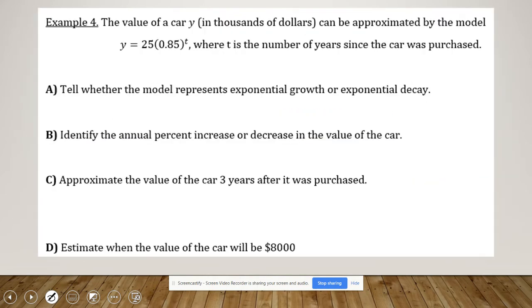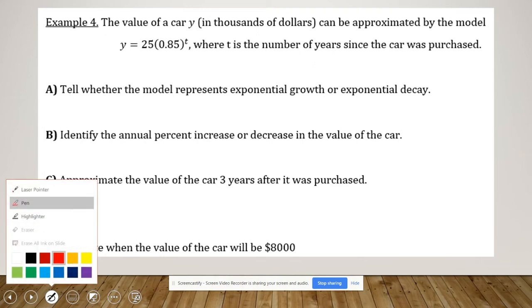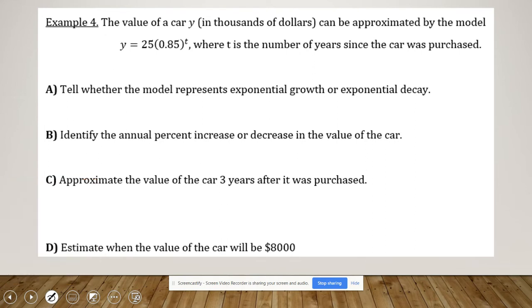Example 4. We're talking about the value of a car. Cars depreciate or lose value. And so we have this model that they've already written for us. And T is the number of years since the car was purchased. So our first question is if this is exponential growth or decay.